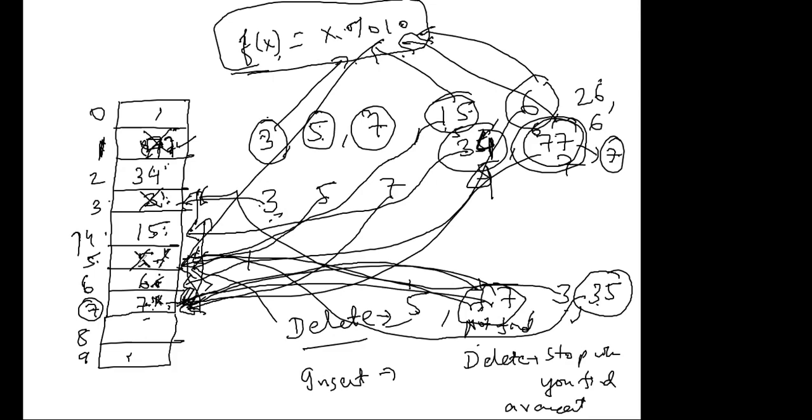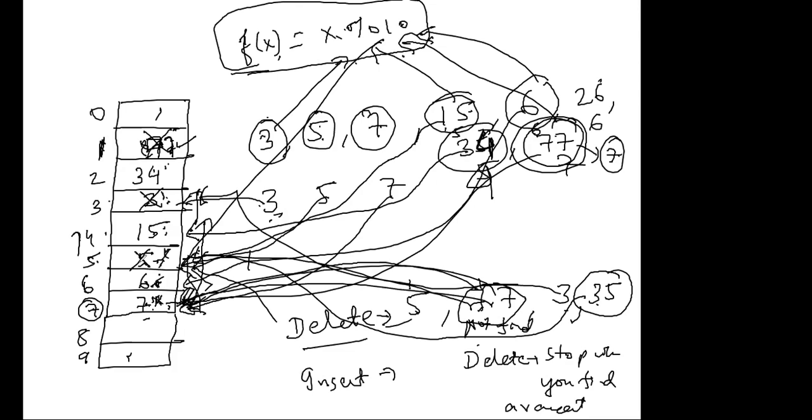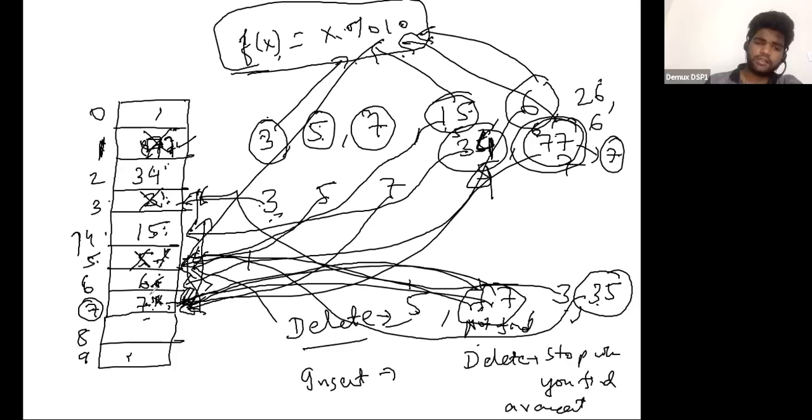Yeah, Shubham. So we can stop when we find a value which has the same functional value, but is not equal to the target. What do you mean same functional value? Like when we want to search for 77 and we did not find 77, but we found something which gives modulo 7, then we can stop. You will always get a modulo 7 at the place, right? 77 modulo 10 is 7. You will stop this search at 7 itself.